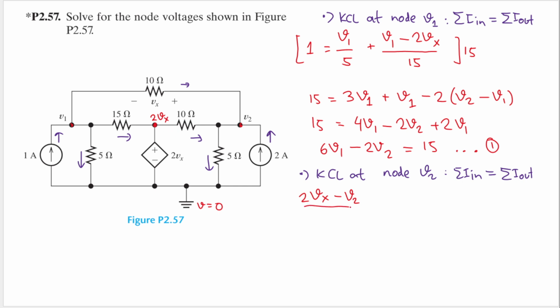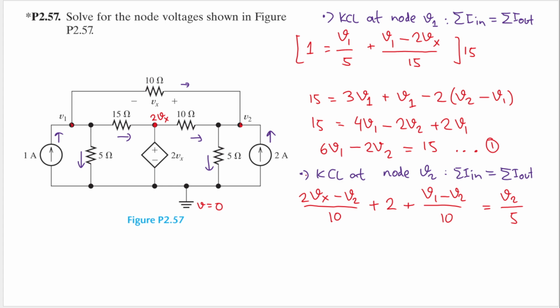And then this current here, so we will have plus 2 ampere. And this current also goes in, so I will have another plus, which is V1 minus V2 divided by 10. The only current that goes out is here, and that is V2 minus 0, which is V2, divided by 5.